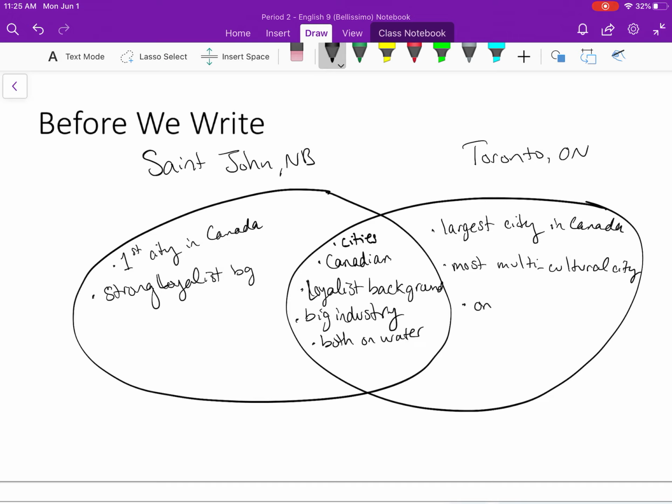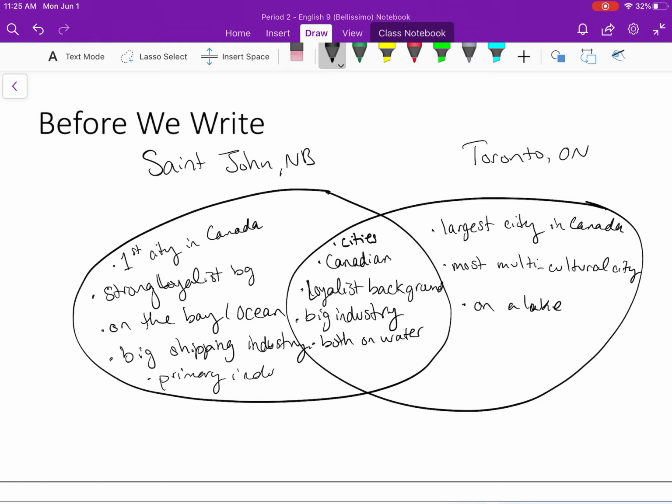Whereas Toronto is on a lake. St. John is on the ocean, or on the bay, depending on where you are. We could also talk about how this one has a big shipping industry. We could talk about how we have very much primary industry here.